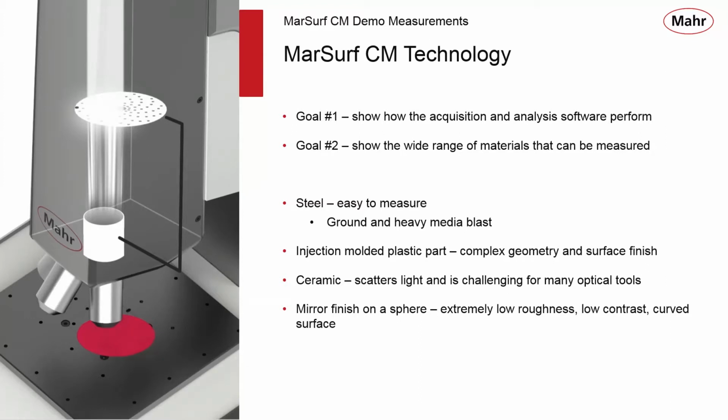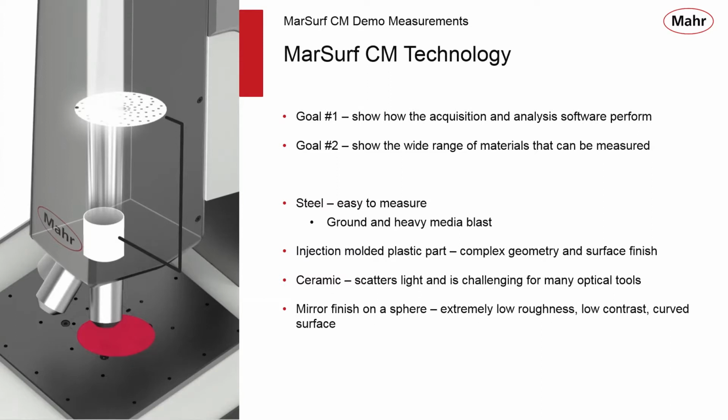The next measurement will be on an injection molded plastic part, a transparent plastic part, in fact, fairly complex geometry. On injection molded parts, we usually do geometry measurements or surface finish measurements. In this case, we're just going to show you a geometry measurement for this part. The next part that I'm going to measure, an alumina ceramic part, scatters light very well, doesn't reflect it too terribly well.